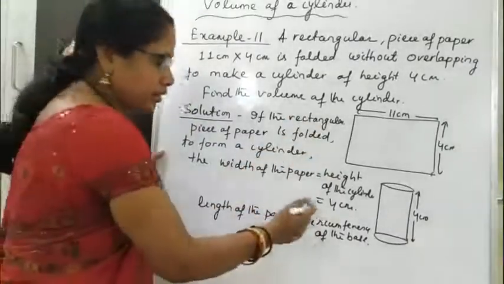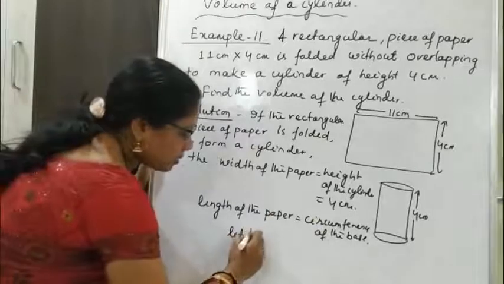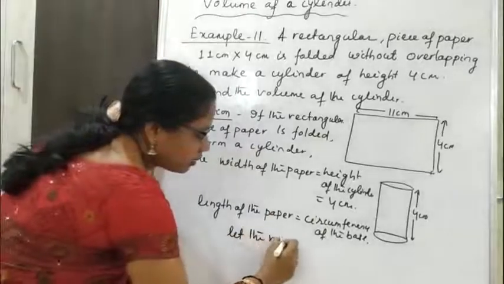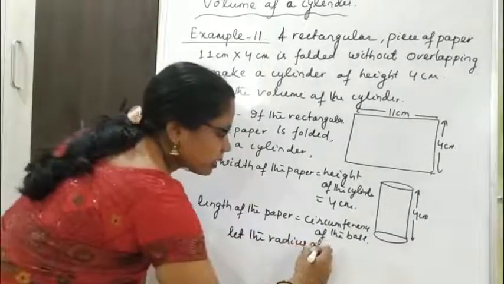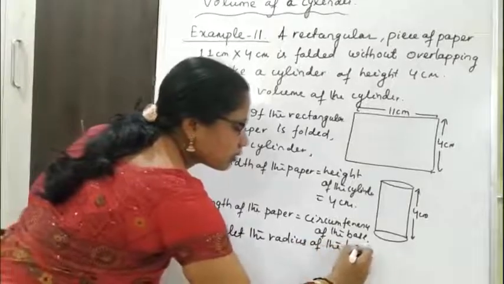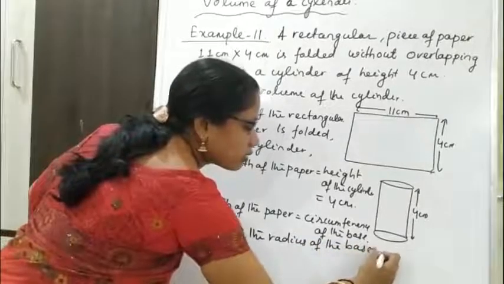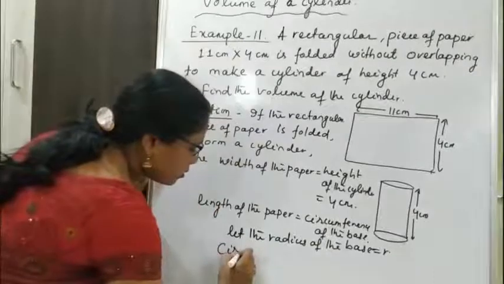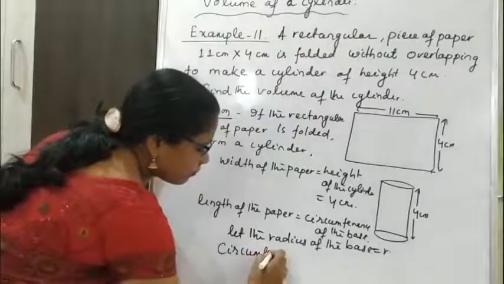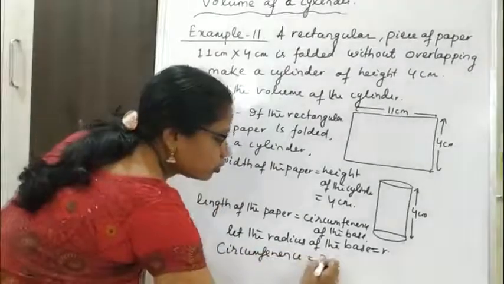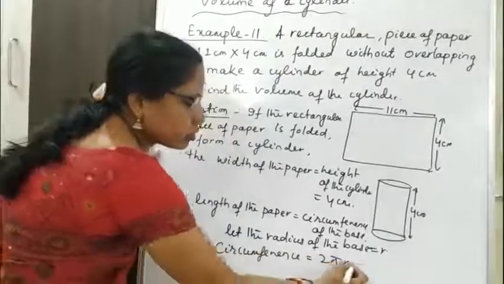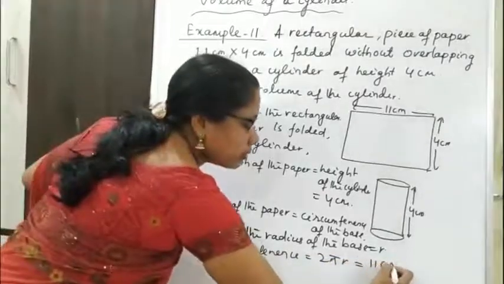So let the radius of the base be R. So circumference is equal to 2 pi R. So this is equal to 11 centimeter.